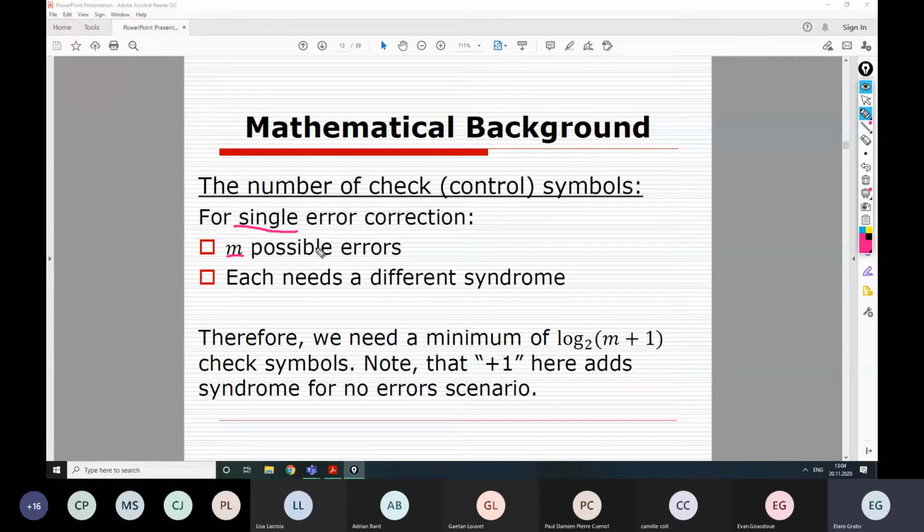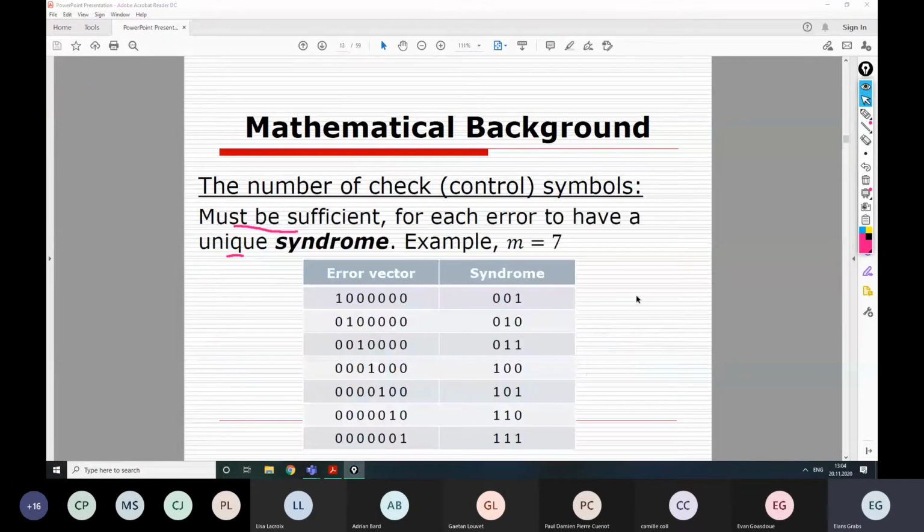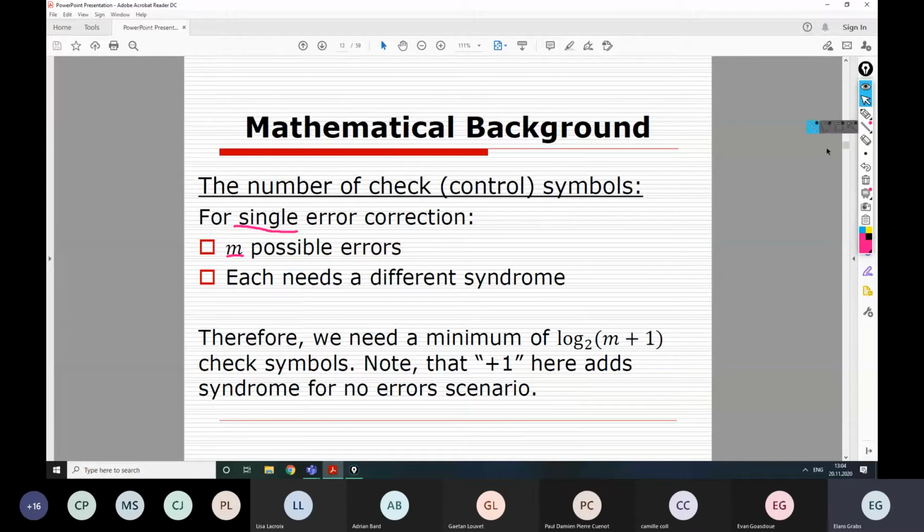As in this table, for example, each possible scenario was represented by its own row, a total of m rows. And also there is one more syndrome needed for correct receiving, that is the case without errors. So in total we need m+1 syndromes, and for these syndromes we need log 2 of that number bits per each syndrome, right?